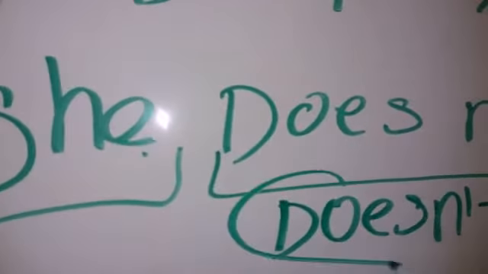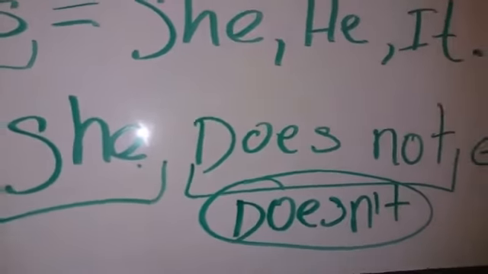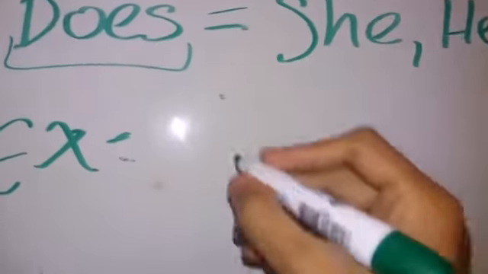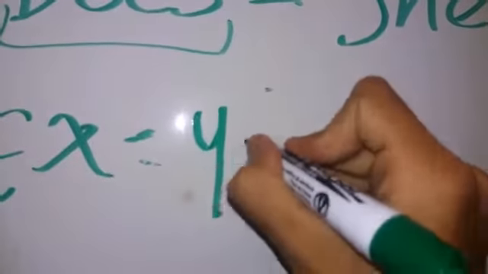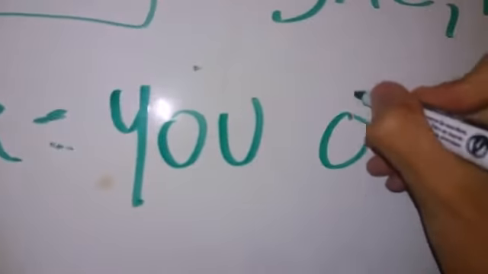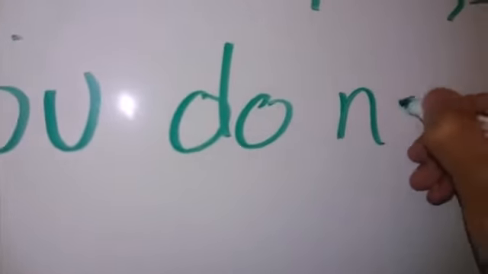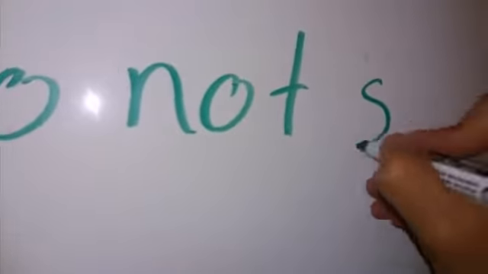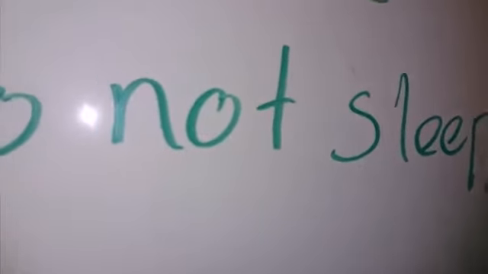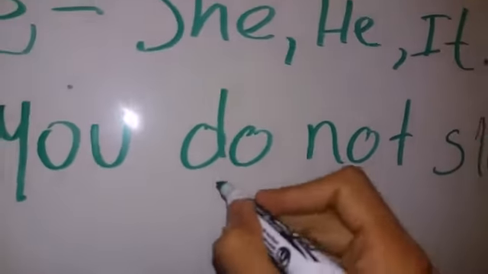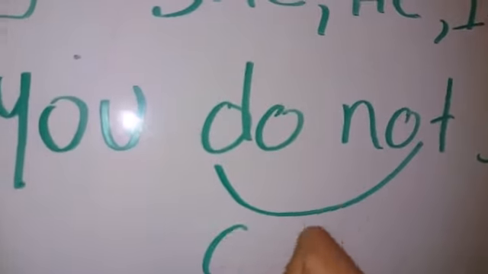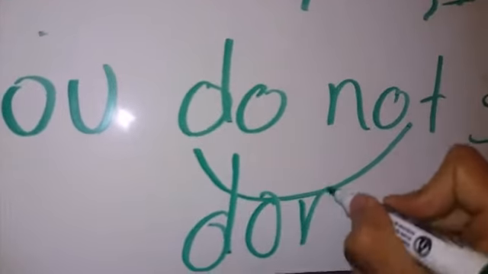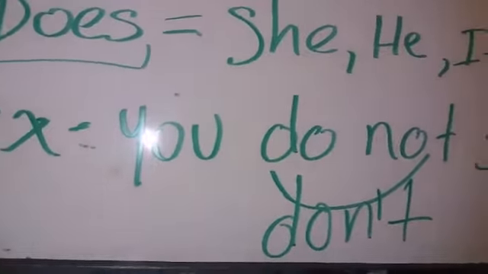This is the contraction. Another example: you do not sleep. The contraction between do and not is don't. You don't sleep.